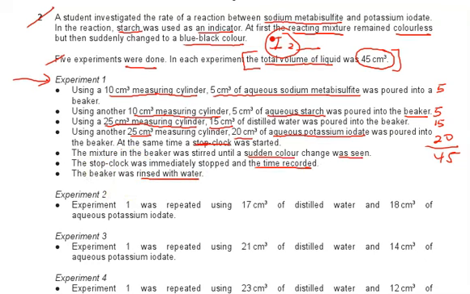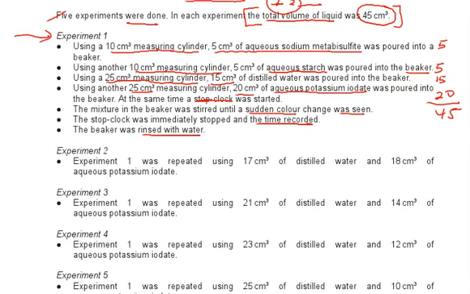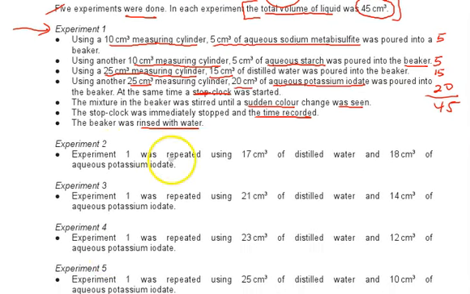Then experiment 1 was repeated using 17 cm³ of distilled water and 18 cm³ of aqueous potassium iodide. So they are only changing the distilled water's volume and also the potassium iodide's volume.